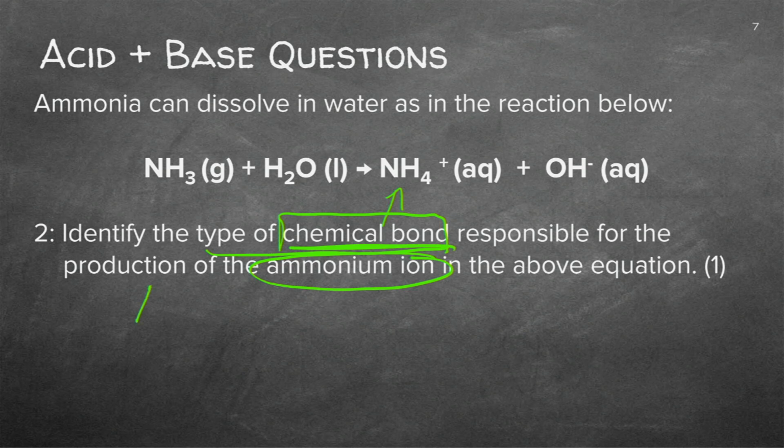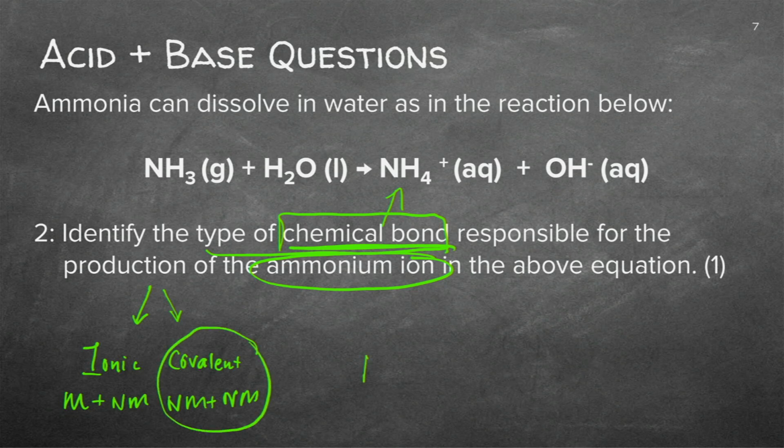Now you know we've got ionic bonds when I've got a metal plus a non-metal. I've got a covalent bond when I've got a non-metal with a non-metal, and none of these will be applicable. The covalent is correct for the NH3 as well as the NH4, but here I've got a very specific bond.